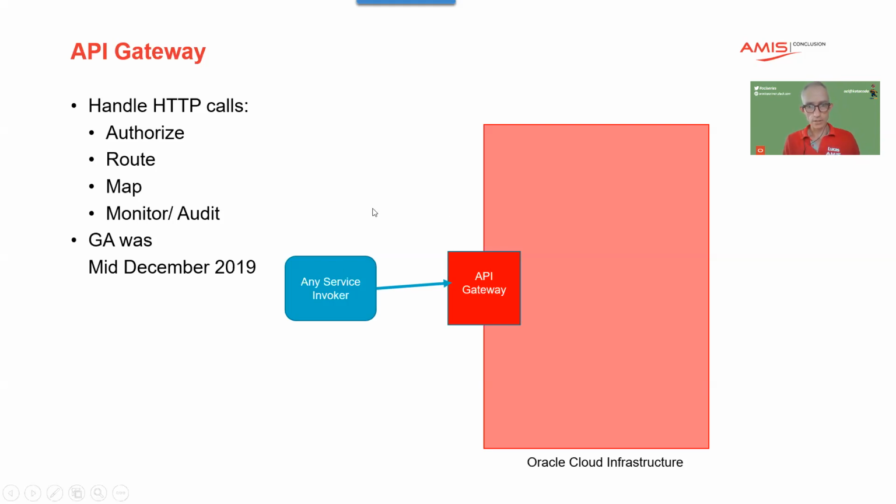So here in the diagram, we see a service invoker, which can live inside the Oracle Cloud Infrastructure or anywhere else. It could be Postman on your laptop, or it could be an application running on a third-party cloud or on-premise somewhere, and it sends an HTTP request to the API gateway. And the API gateway typically will be associated with a subnet that's public and that accepts requests from the outside world.